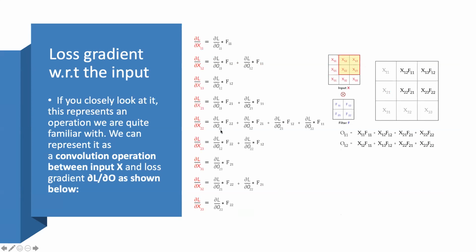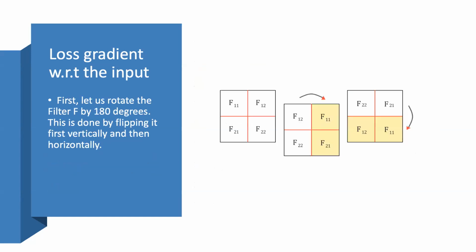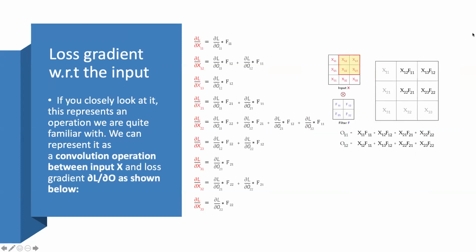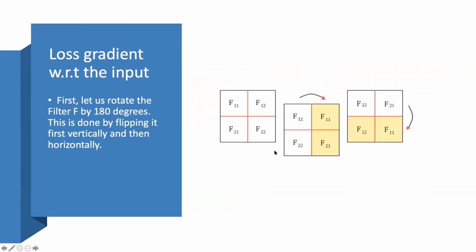Similarly, for the input, we also want to represent this as a convolution operation. Things are not as simple as we had done before. So be there with me. What we are doing here to get this pattern of gradients is we are taking the filter, first flipping the filter and then inverting it.